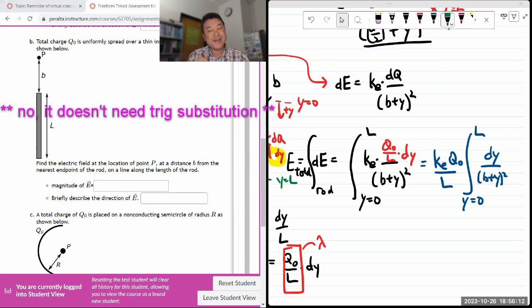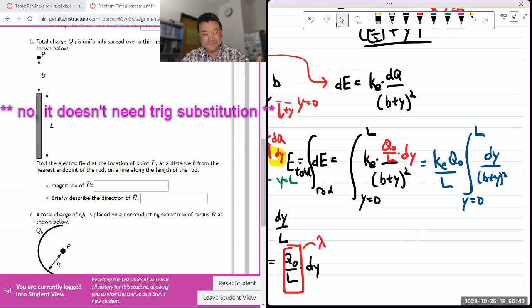So I recognize I need a trig substitution because I don't have a linear factor of y above, so u substitution won't work. So I need to say y is equal to, I don't know, p. It's been too long since I've done trig substitution. I don't think I can do this.